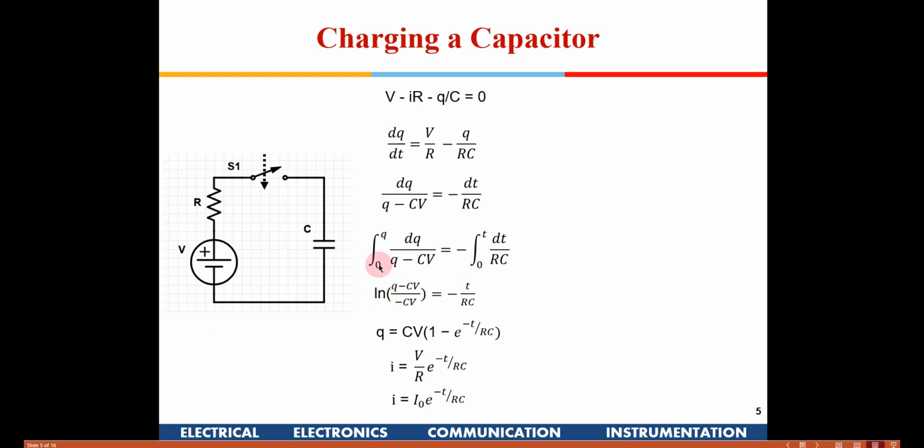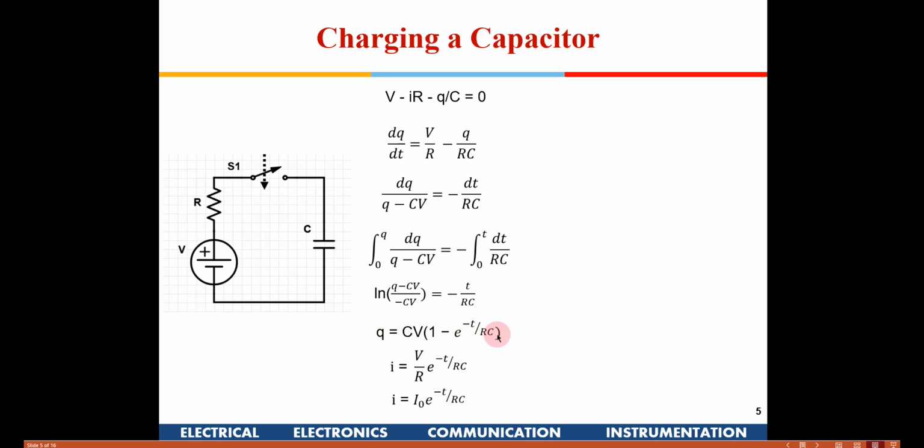Initially it is 0, so in the denominator you have minus CV by putting these limits. Here we put the value of t by RC. Now if you write the value of Q, you get CV into 1 minus e to the power of minus t by RC.